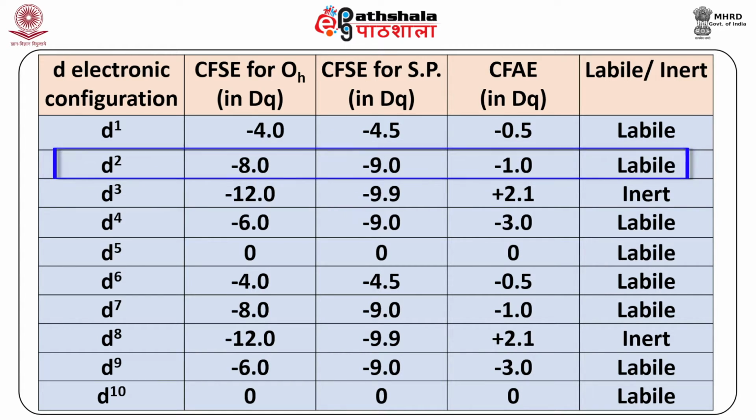So, if you compare the two, crystal field stabilization energy for a d2 system in octahedral geometry was minus 8 Dq, while for a d2 system in square pyramidal geometry was minus 9 Dq. As a result, you will find the crystal field stabilization energy of square pyramidal geometry was lower than that of the octahedral geometry, and the difference of the two would become minus 1 Dq.